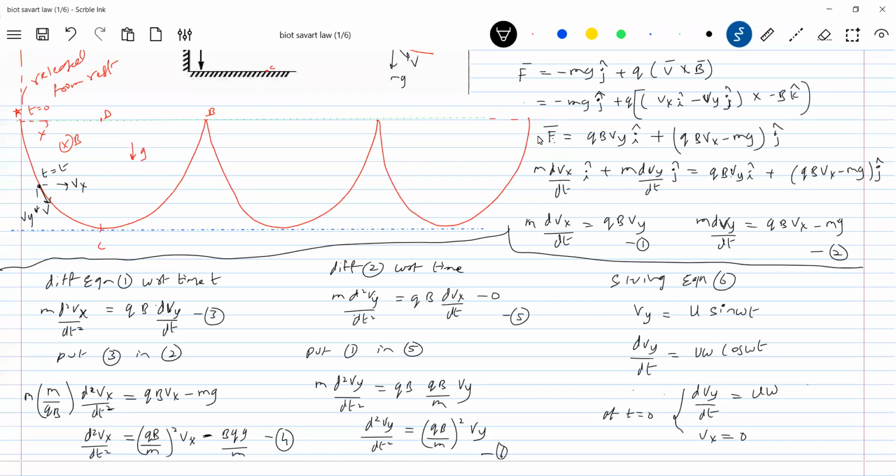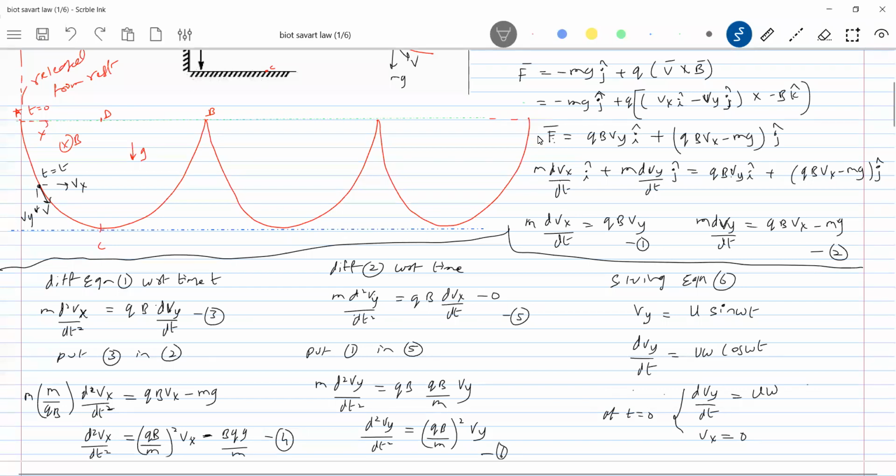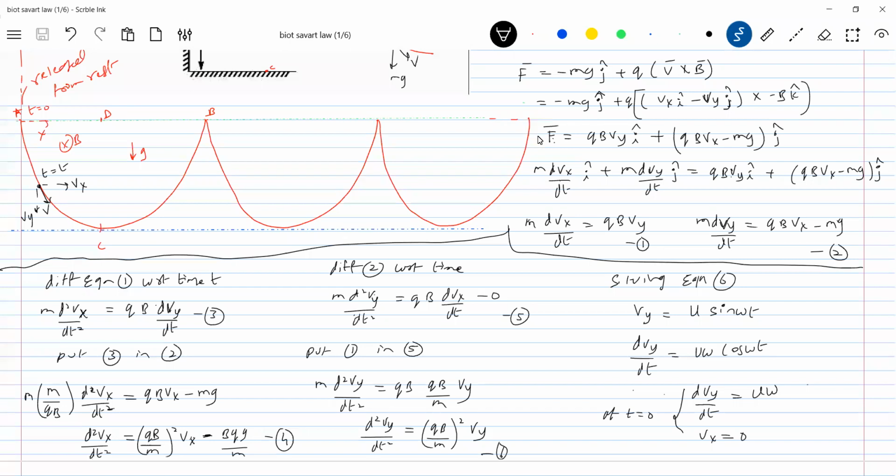So can we bring any equation with the help of this? I'm just putting the initial condition. So dvy by dt, put t equals 0, it becomes u omega. Then initially, what was the x component of velocity? It should be equal to 0. Then, in equation 2, you substitute these conditions.